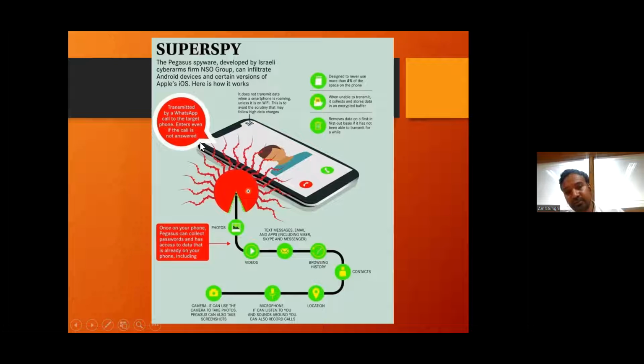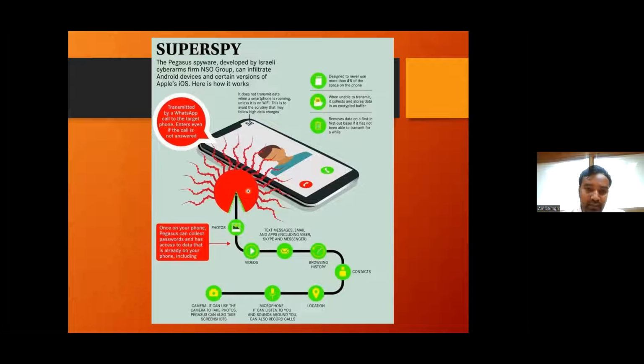Suppose I want to hack the phone of the Indian foreign minister. I just give a missed call on his WhatsApp, and he doesn't even need to answer that call. Even without answering or doing anything, my Pegasus software will go directly via the call to the target phone and install itself automatically.